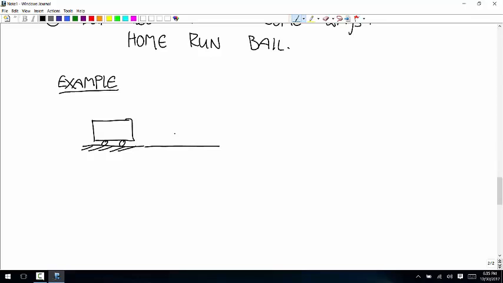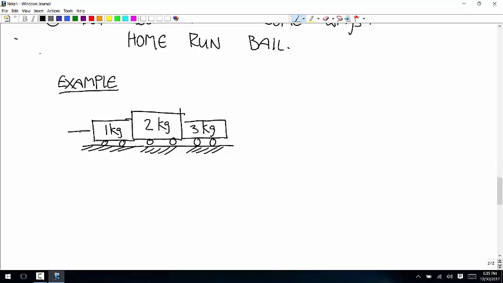Let's say we have 3 carts in contact. Let's say this is 1 kilogram, 2 kilograms, and let's say this is just really dense, 3 kilograms. And then there's a force of 40 newtons applied this way.